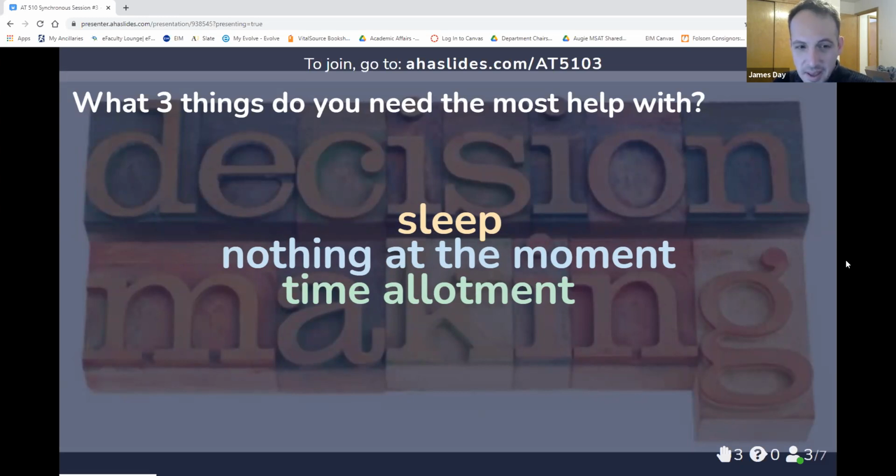Time allotment, that is always figuring out the appropriate balance of all of those sorts of things. And part of what I do like about the side effects of everything going on is that it's a very professional level issue as far as time allotment. Going forward in your careers, you won't have as many specific due dates or people telling you you need to spend this amount of time here, this amount of time there.